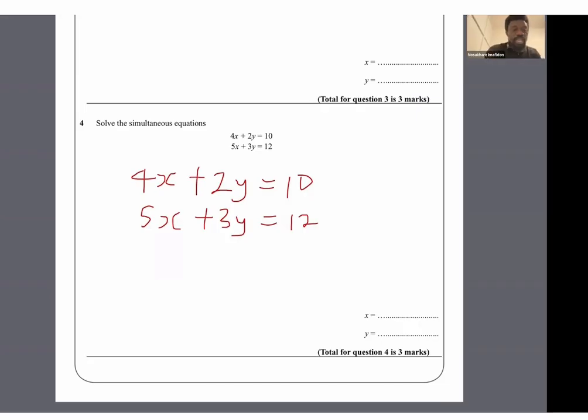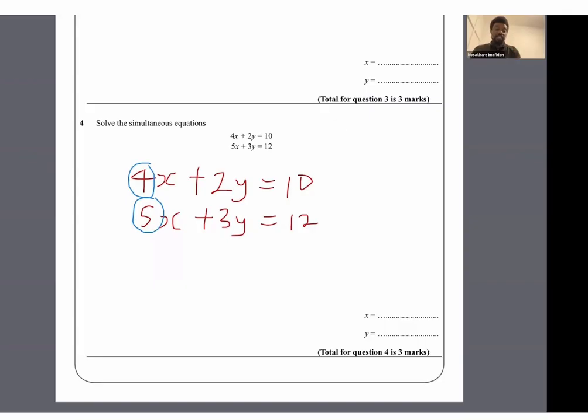When I choose x, the next thing is to make sure that the coefficients of x are the same. The same way, if you choose to eliminate y, you must also make sure the coefficients of y are the same. Whatever variable you choose to eliminate, ensure that they have the same coefficients.